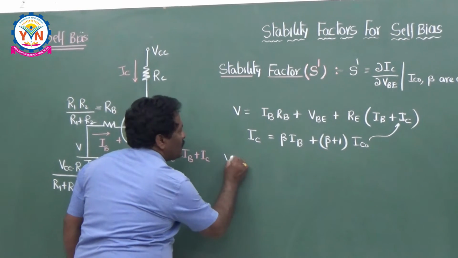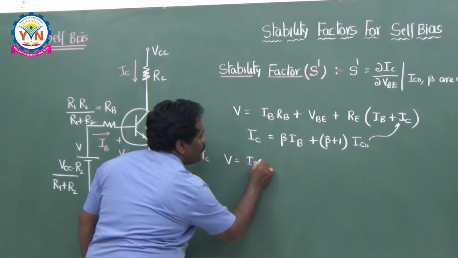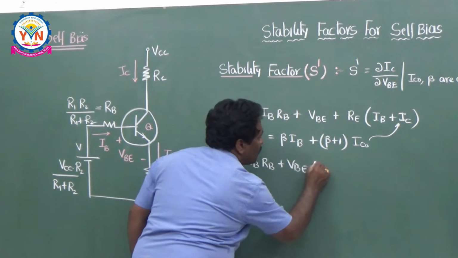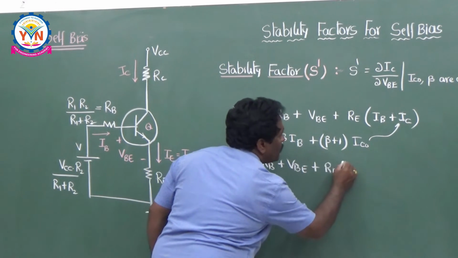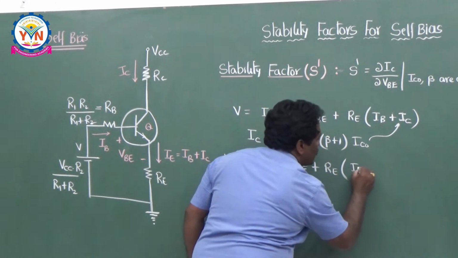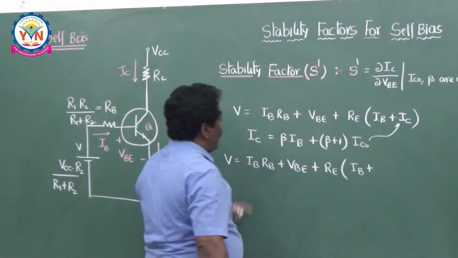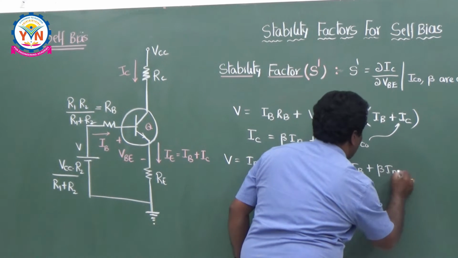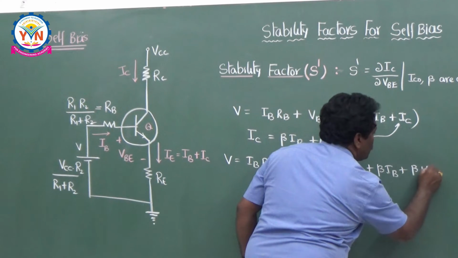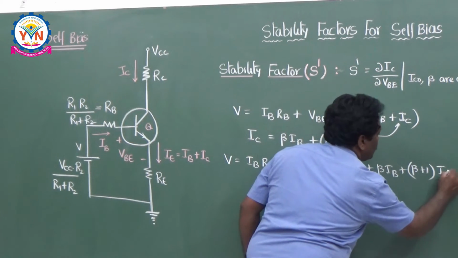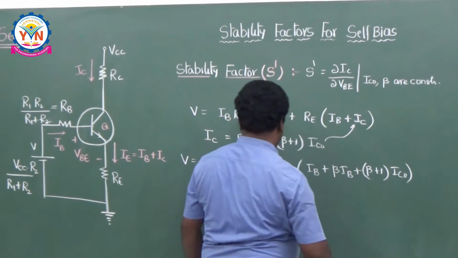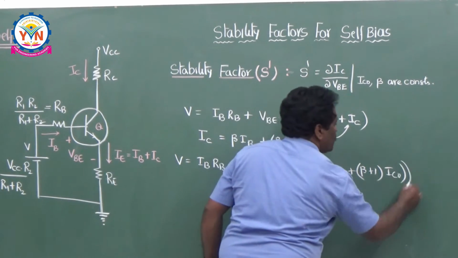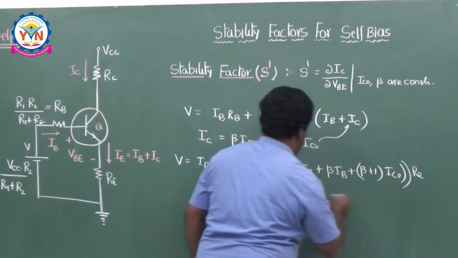Therefore, V is equal to IB RB plus VBE plus RE into IB plus IC, meaning beta times IB plus beta plus 1 times IC naught, the reverse saturation current, into RE.